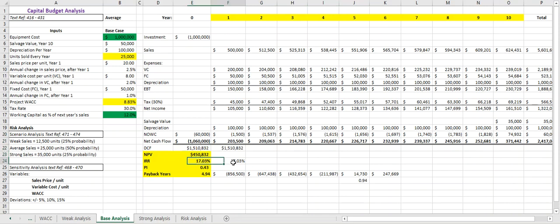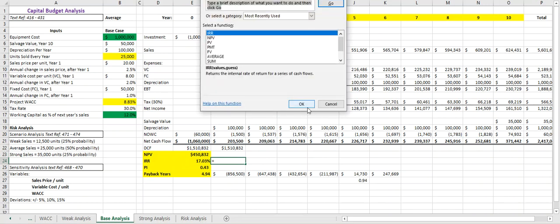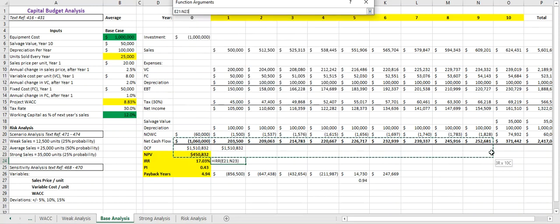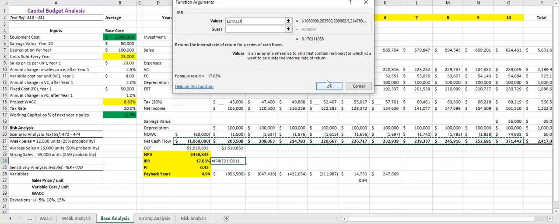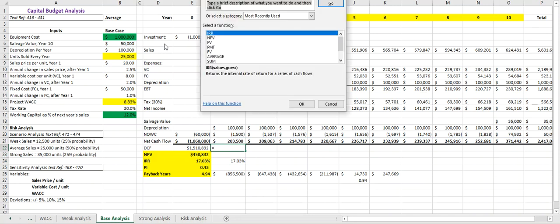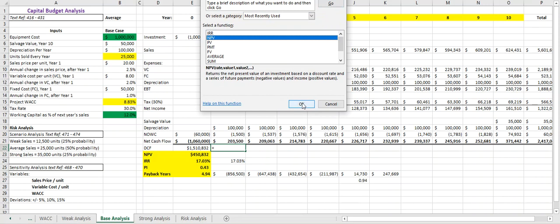The internal rate of return is using the formula in our function variables of internal rate of return, IRR, under financial, and taking the values of year 0 through year 10, and the algorithm calculates the percentage. Same thing holds true with the NPV function. I kind of skipped over that. The NPV function: we go to formulas, function, financial, NPV, net present value.